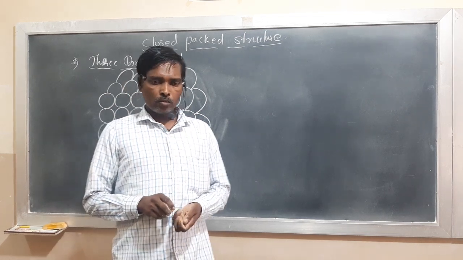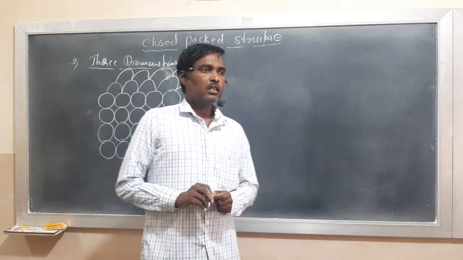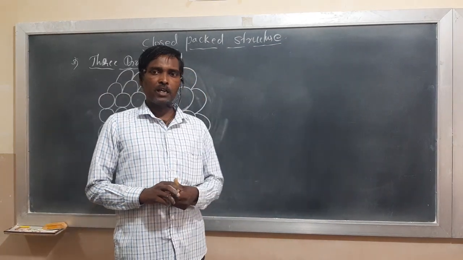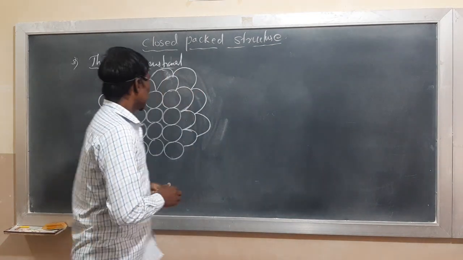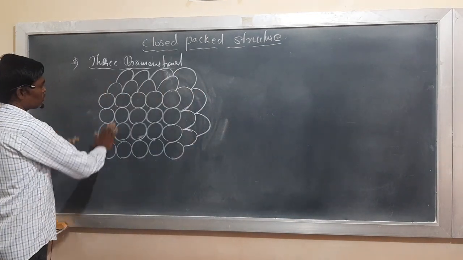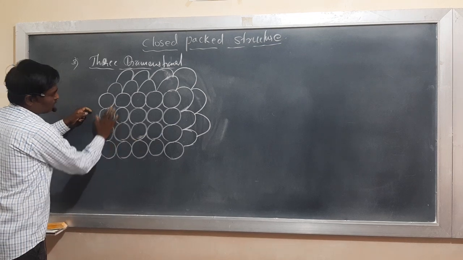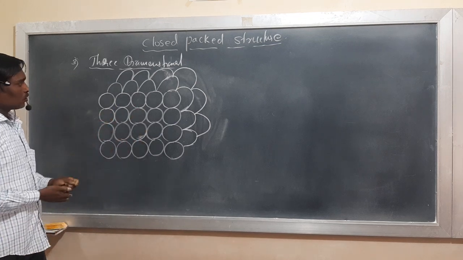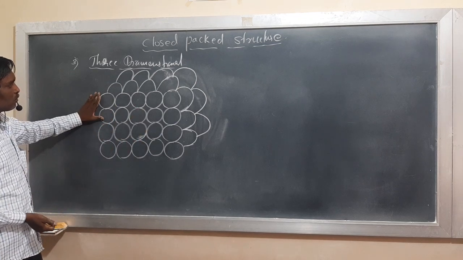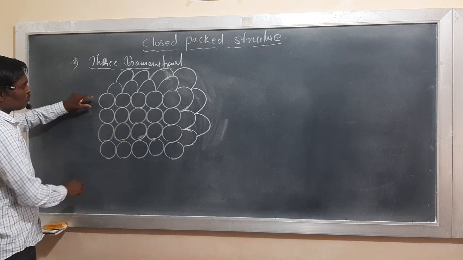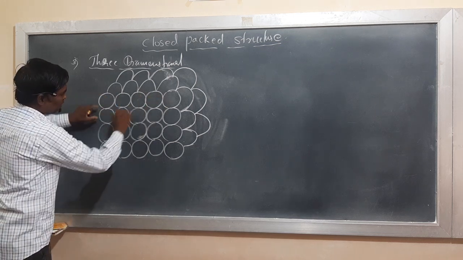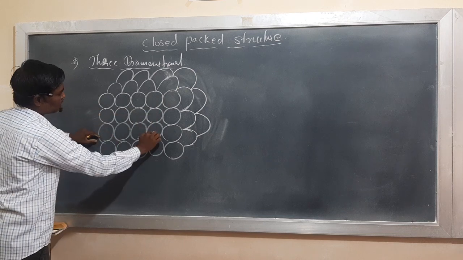Now, let me consider the square close packing arrangement in 2-dimensional as one layer. So in 3-dimensional, this is one layer of close packed structure in 2-dimensional. We already studied that this is a square close packing structure. In square close packing structure, this is the first layer, this is the second layer, and this one is the third layer.